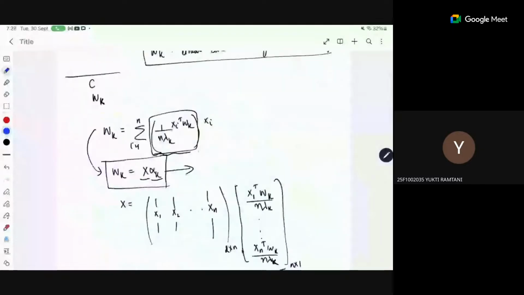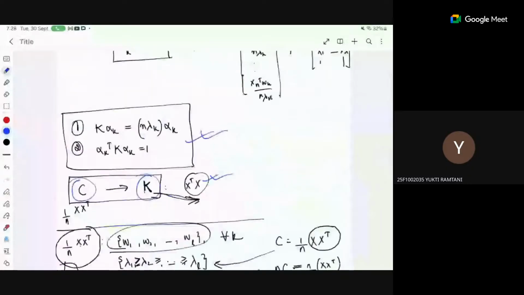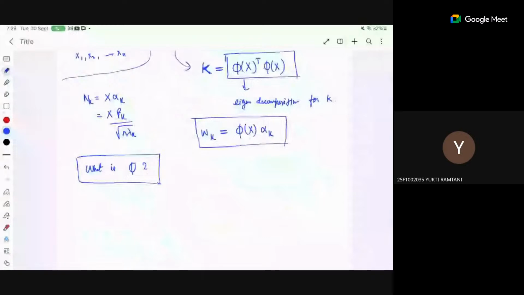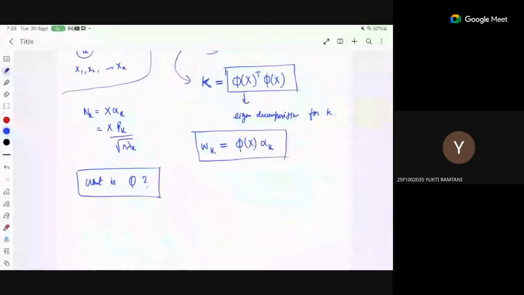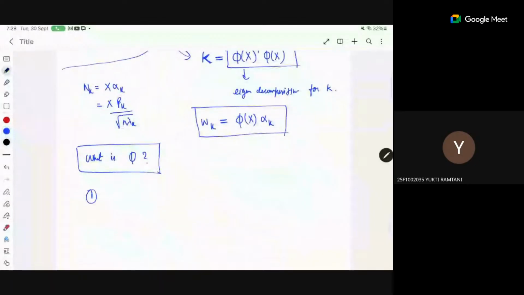So there are some special kinds of functions which we call kernel functions, and these can be used to get your phi x transpose phi of x. One special function, which we mentioned at the very start, is that k of x comma x dash can be (x transpose x dash plus 1) to the power p.